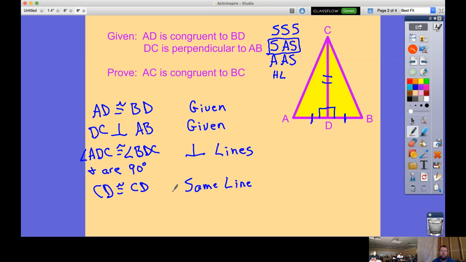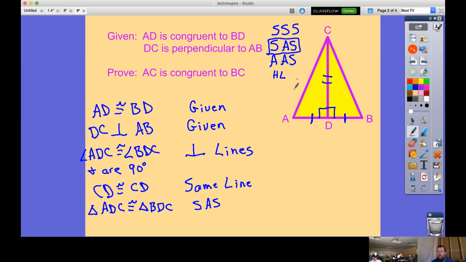So we can say now that triangle ADC is congruent to triangle BDC by SAS. All right, and we are now one step away to getting this done.